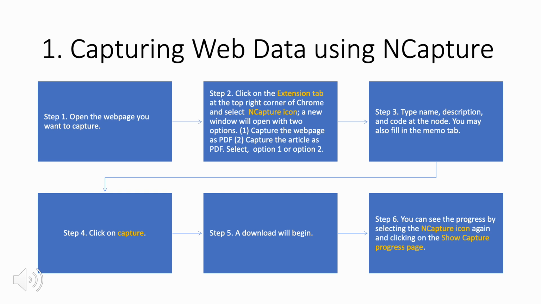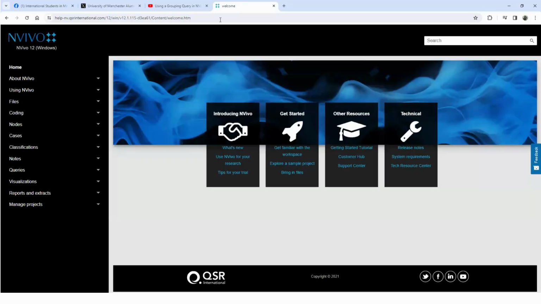The orange text is the key text which you might have to click while doing this process. So let's try it together now. This is a website from NVivo, and let's try to capture this page for NVivo Windows.